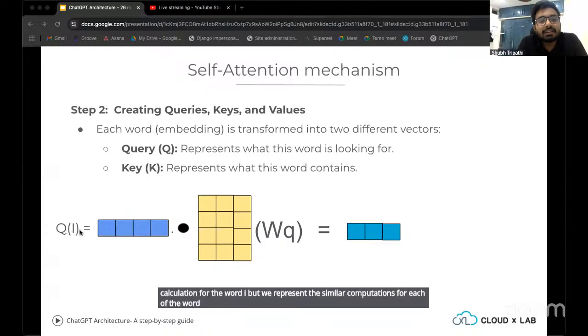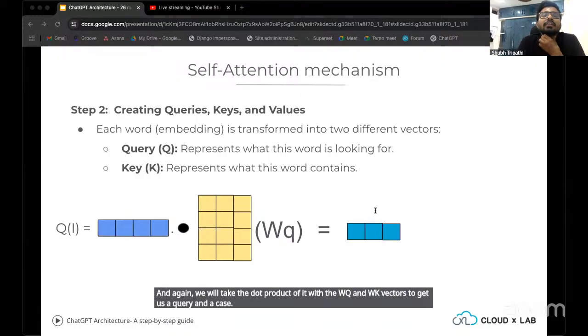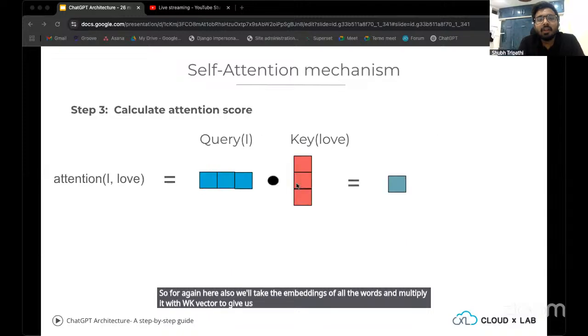For love, we pick up the embedding for love, and again take the dot product of it with the WQ and WK matrices to get the query and key. Similarly, we take the embeddings of all the words and multiply them with WK to give us the key vectors.